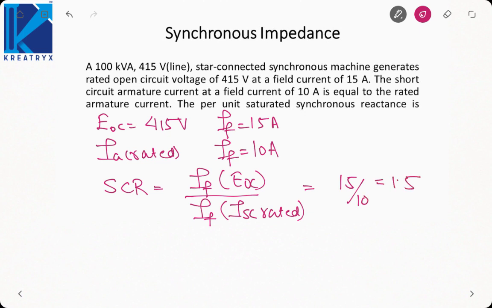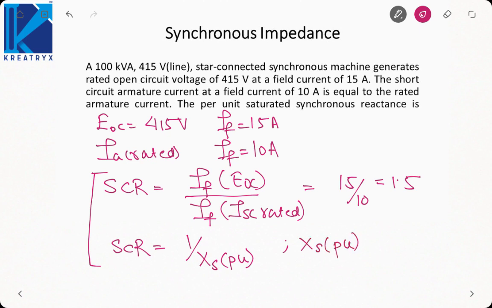That is called the short circuit ratio, and it is equal to 1 upon synchronous reactance in per unit. These two relations are pretty important, which means synchronous reactance in PU is 1 upon 1.5, or we can say 2 by 3, that is 0.667 PU.